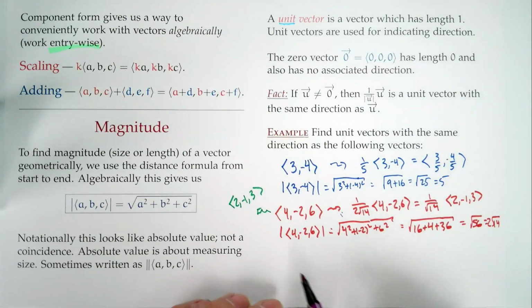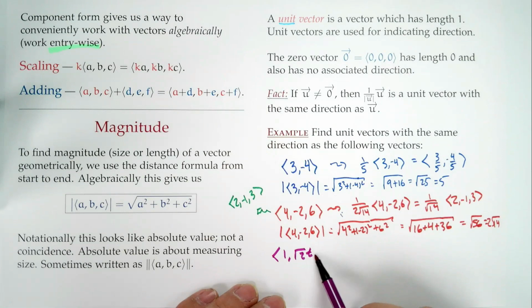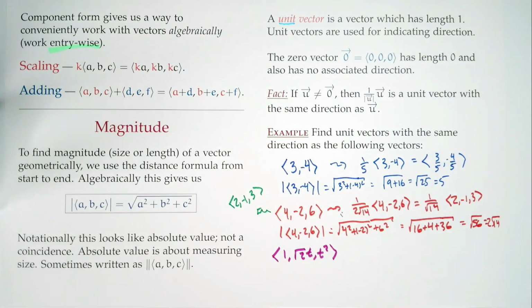Well, we have a little bit of space, so let's do one more. Okay, let's find a unit vector. Let's say 1, square root of 2t, and t squared. Okay, so there's our vector.